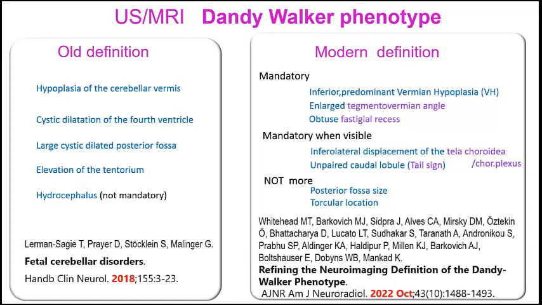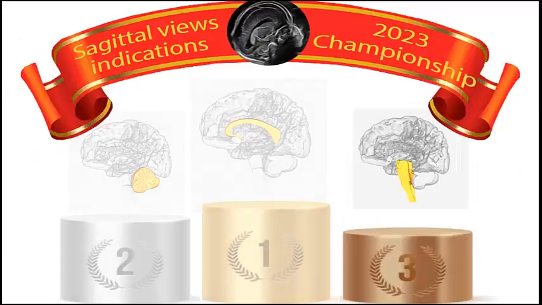And this is the new definition proposed in this paper, in which quantitative conditions have been included, such as the tegmentovermian angle and the fastigial recess angle, and also the position of the choroid plexus or the presence of the Thal sign. As you can see, the authors propose that the posterior fossa size or the elevation of the tentorium should no longer be considered mandatory requisites.